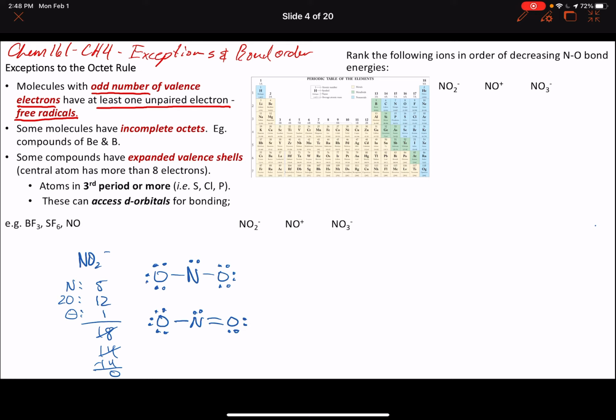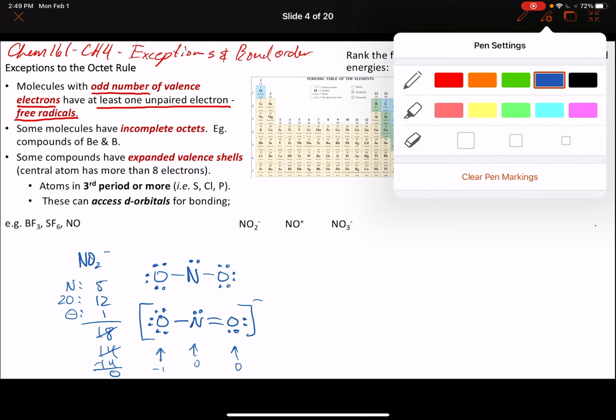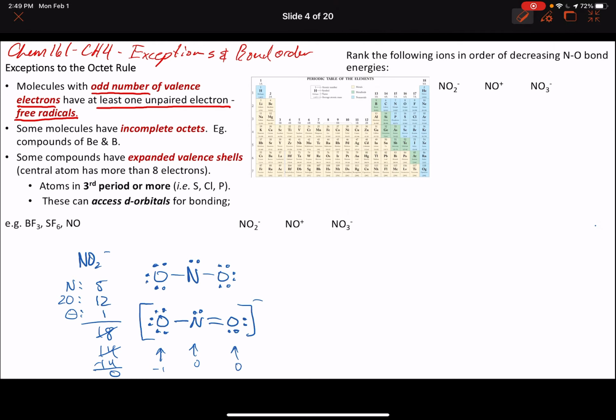Formal charges: -1 here, formal charge of 0 here, and a formal charge of 0 here. That's acceptable, and that reflects what we know for the nitrite ion. It should be overall negative, and we now position those brackets and that minus sign. This also means that there's another resonance structure where we show that double bond located at the other spot, so I'll put that one above it.